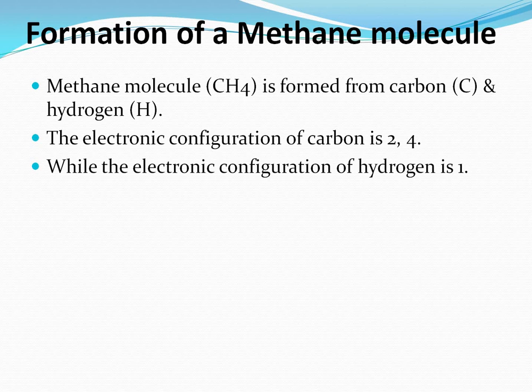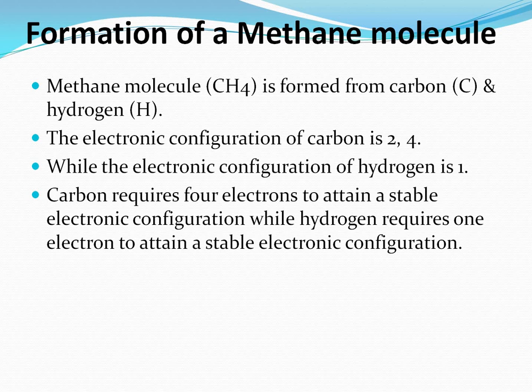The electronic configuration of carbon is 2,4 because its atomic number is 6, while the electronic configuration of hydrogen is 1 and it requires only one electron to complete its duplet state. Carbon requires 4 electrons to attain a stable electronic configuration, while hydrogen requires only one electron, and both are non-metallic in nature.